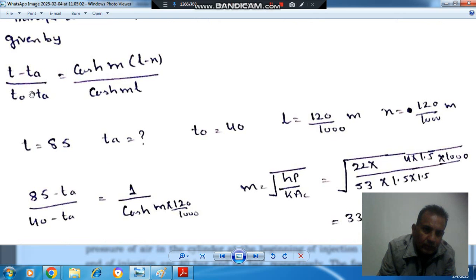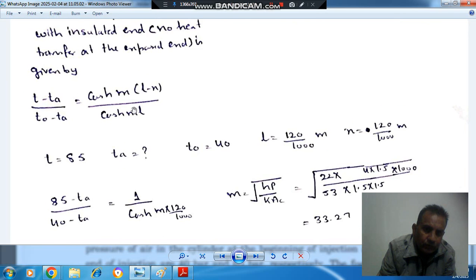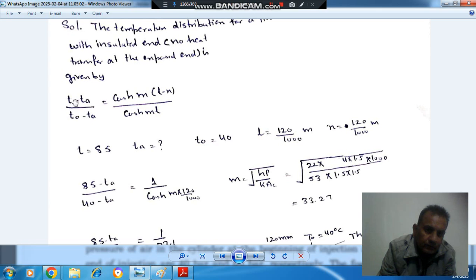So we can apply for the pin insulated at tip the formula, that is (T minus TA) divided by (T naught minus TA) is equal to cosh m(L minus x) divided by cosh mL. Here T is T measured, that is 85.